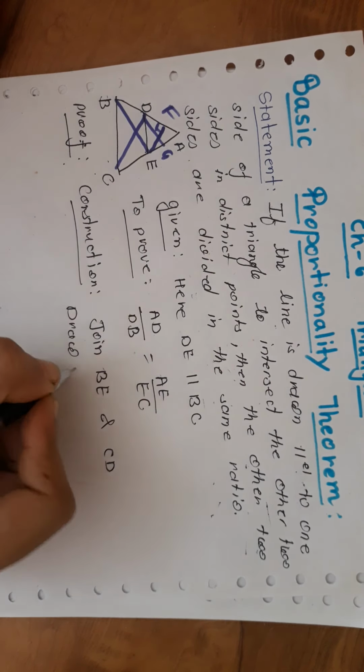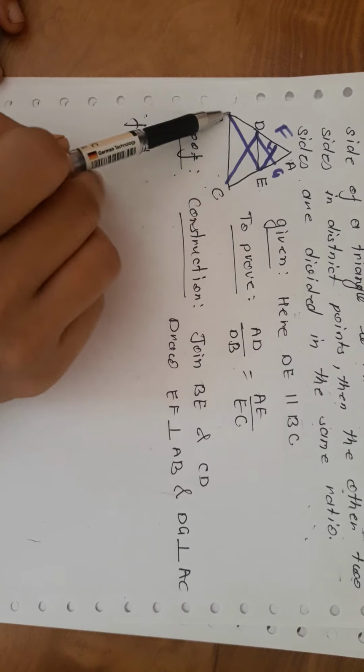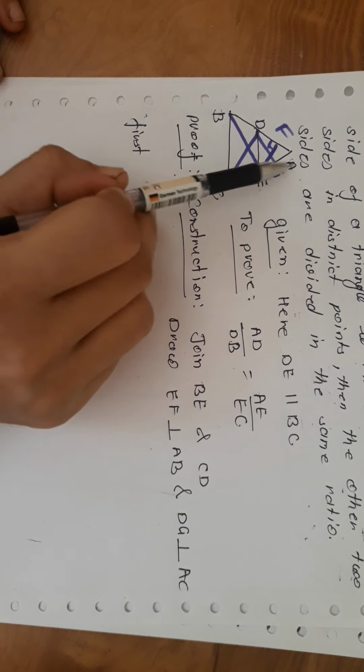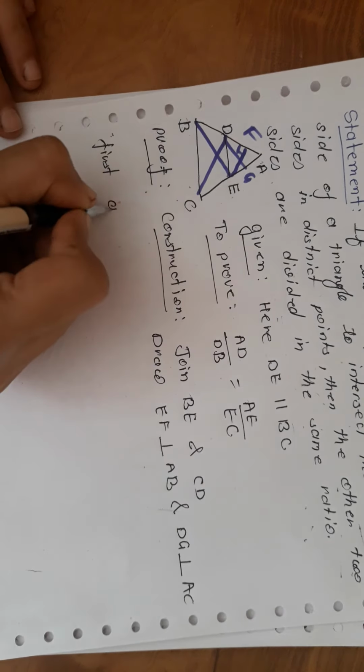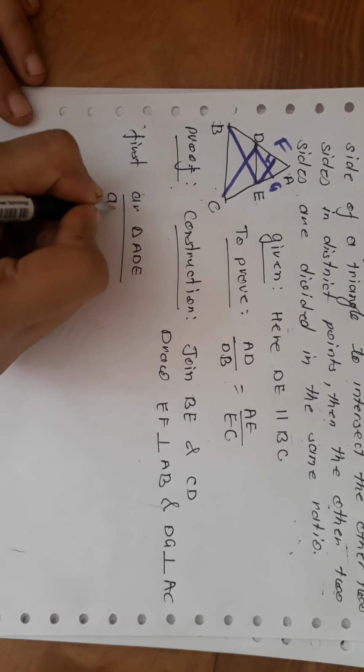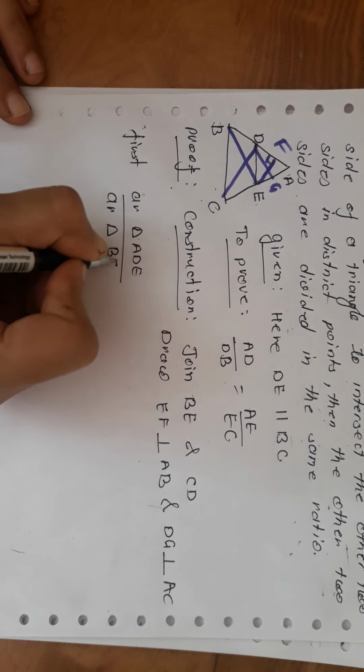Clear? Now start the proof. First we find the ratio of the areas of these two triangles. Which areas? I tell you, the triangle ADE, the above triangle, divided by the left hand side triangle, triangle BDE. So first, the area of triangle ADE upon area of triangle BDE.